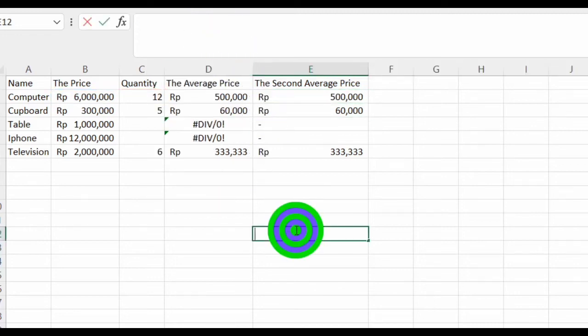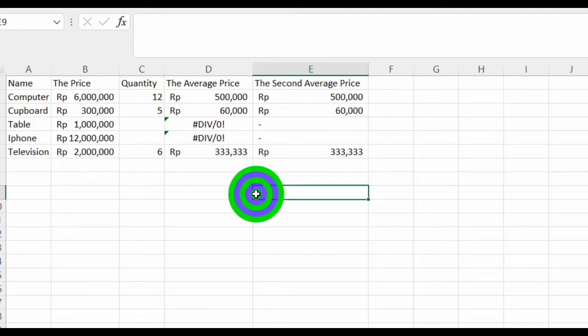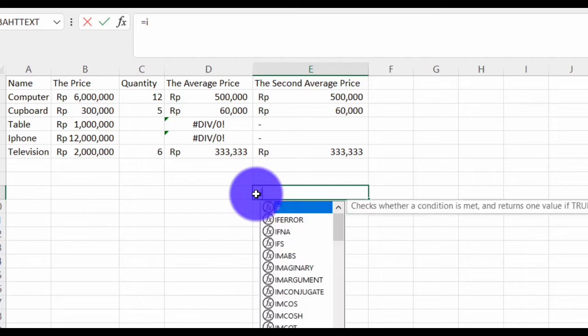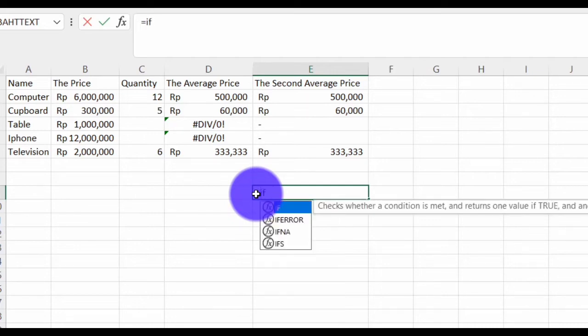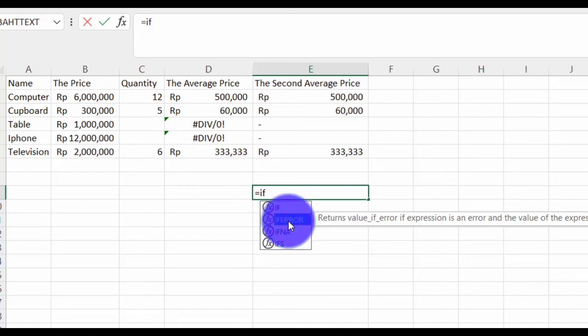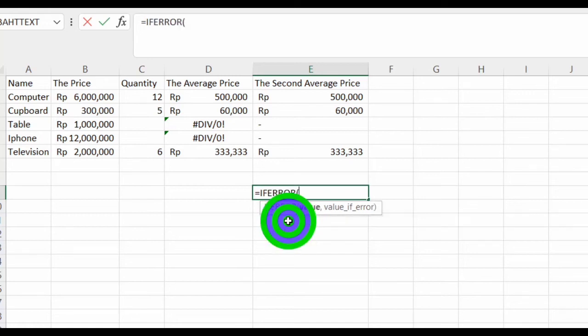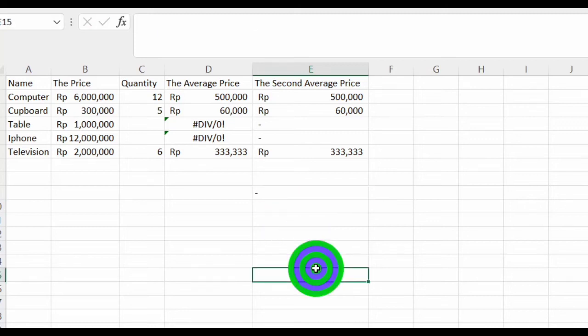Ya, jadi kuncinya adalah saya harus menggunakan IFERROR. Sama dengan IFERROR, use this value, and then saya buat dari harga dibagi dengan kuantitas jumlah, kemudian koma, baru titik 2, strip, titik 2, tutup kurung.